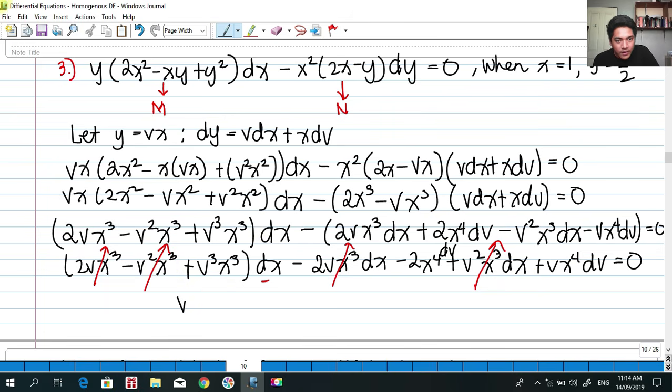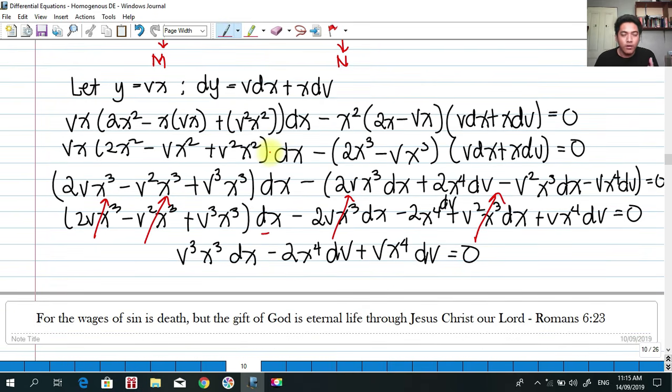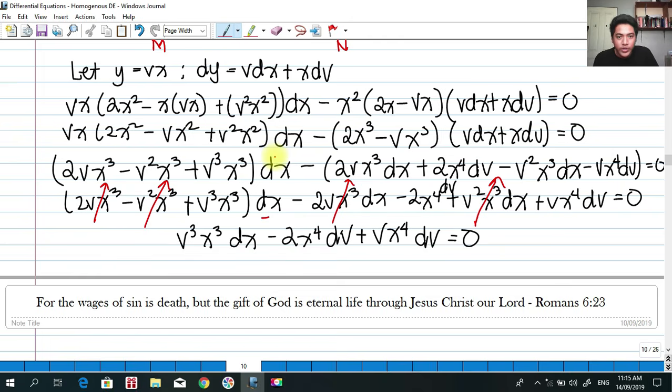So if I rewrite: v cubed x cubed dx minus 2x to the 4 dv plus vx to the 4 dv equals 0. What we are going to do here is simplify as much as possible or eliminate the common factors in our equation. In this case, we have x cubed.